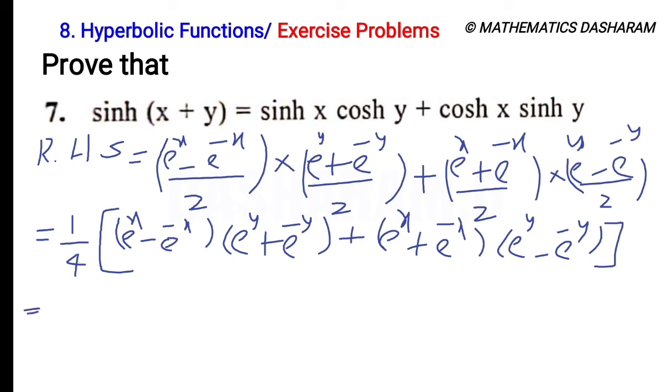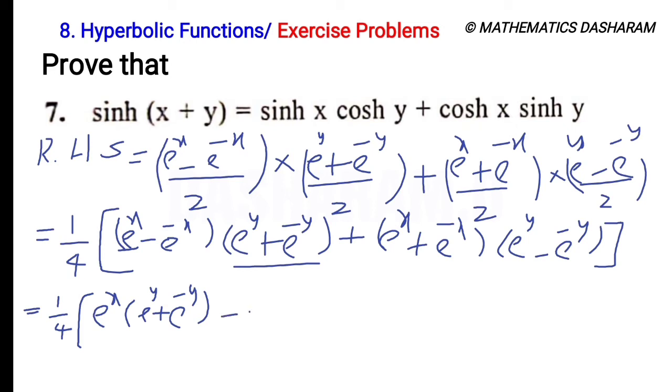So it is equal to 1 by 4 into, let's multiply the two binomials. First, e^x into the second term. So e^x into e^y plus e^(-y).